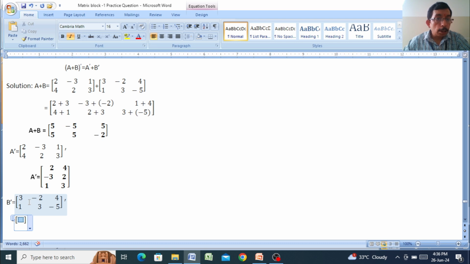The first column is 3, 1, then interchanged by the first row 3, 1. Second column minus 2, 3 is interchanged by the second row. Minus 2, 3.